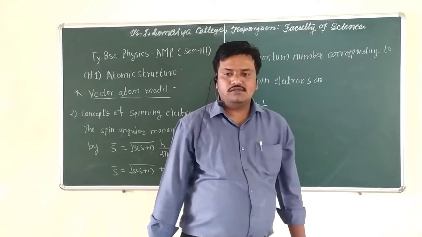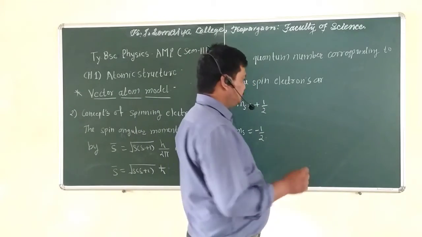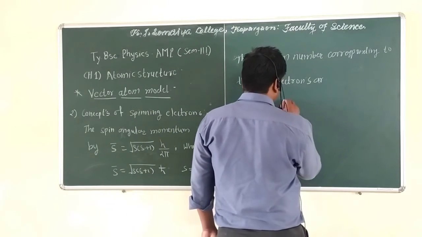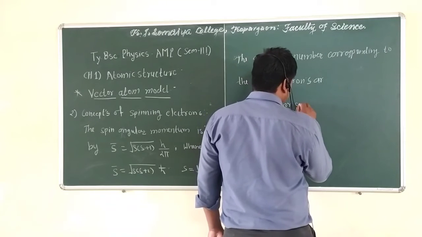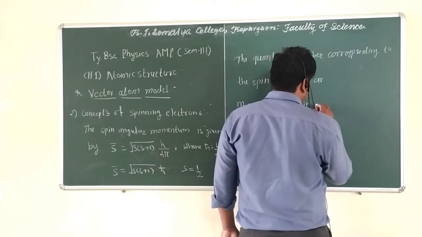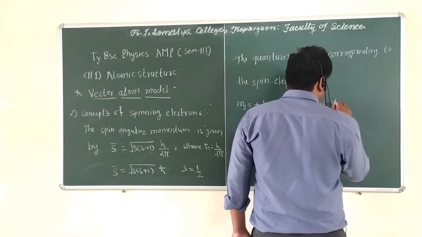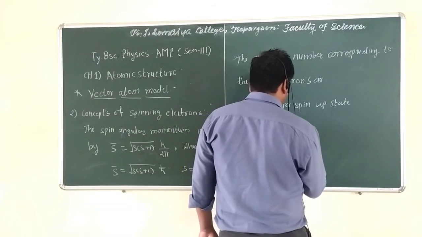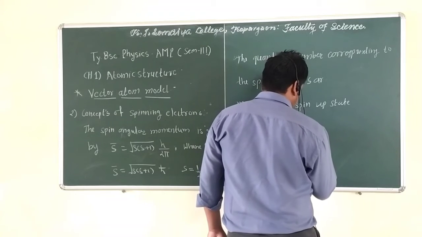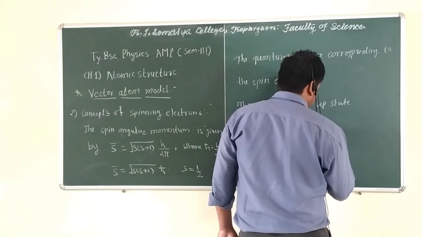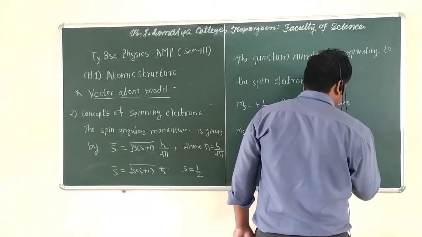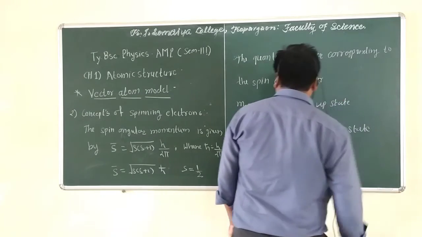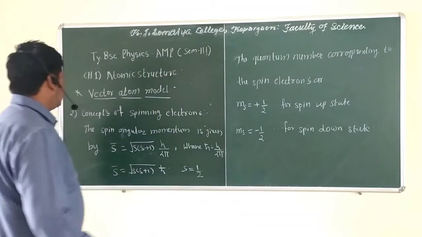And this plus half is for the spin up state, and this minus half for the spin down state.